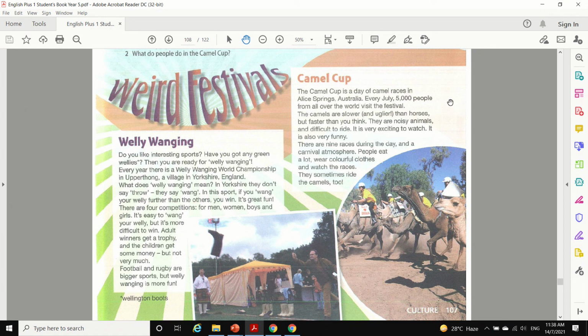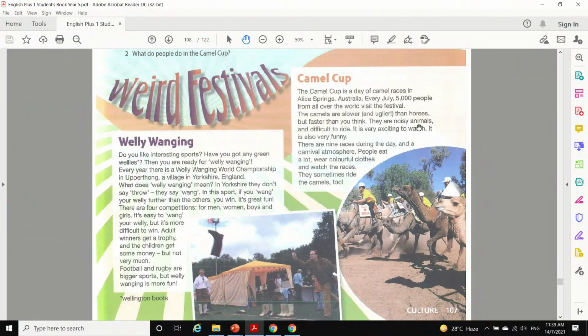So they always have 5,000 people from all over the world visiting the festival. They limit the number to 5,000 people who can take part, from countries around the world. And the camels are slower than horses, but faster than you think. Of course, when you ride fast, it is faster than you think.